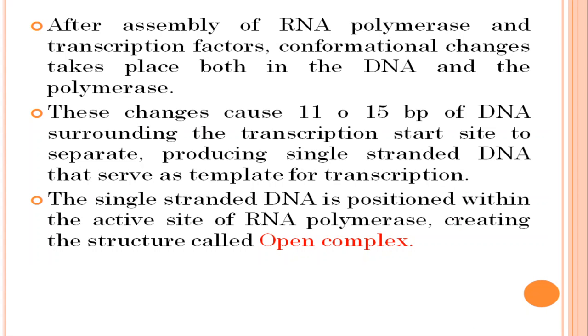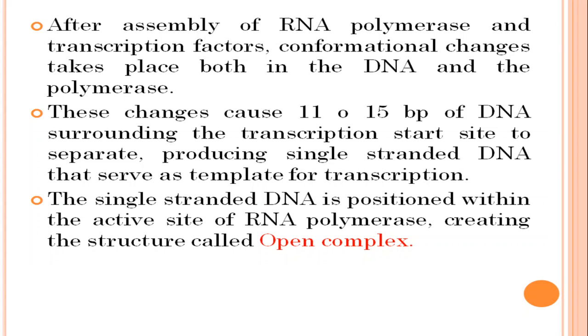After assembly of RNA polymerase and the transcription factors, some conformational changes take place in both DNA as well as polymerase. And these changes cause 10 to 15 base pairs of DNA surrounding the transcriptional start site to separate. The single-stranded DNA serves as a template and synthesis of the RNA molecule takes place.